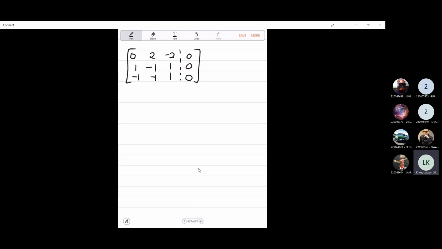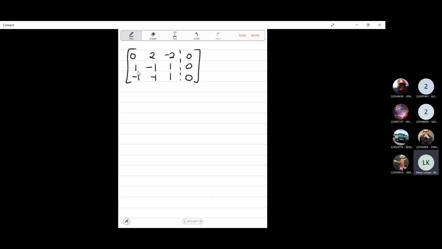Okay, and then we want to have the identity matrix over here, not necessarily the identity matrix, we want to see how many distinct column vectors we have.